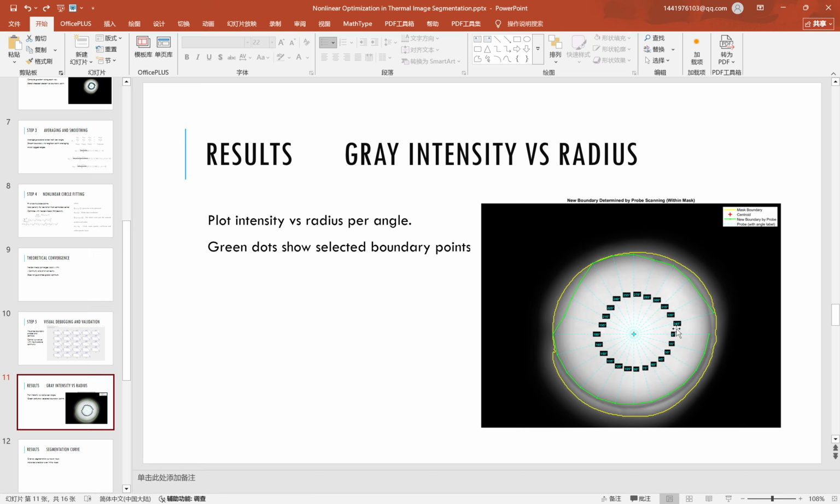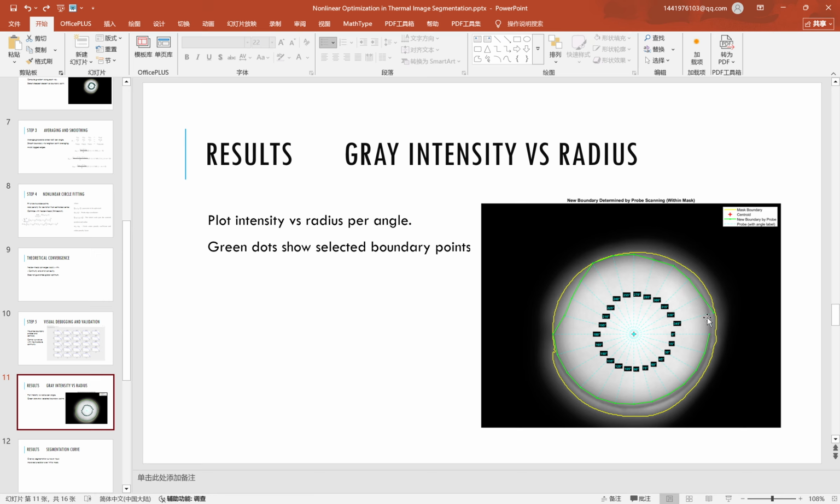We take the center mask C0 as the center of the circle, marked with the red plus sign. The probe is emitted outward from the center of the circle, represented by the light blue dotted line on the diagram. Just simply link it together.